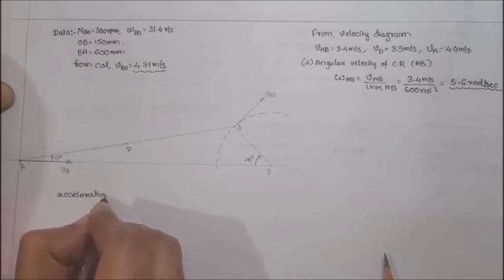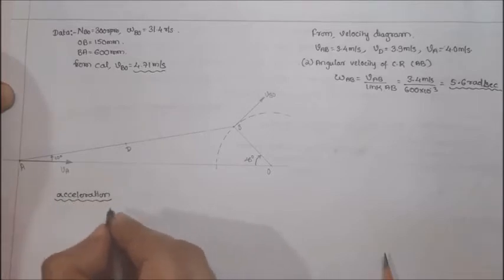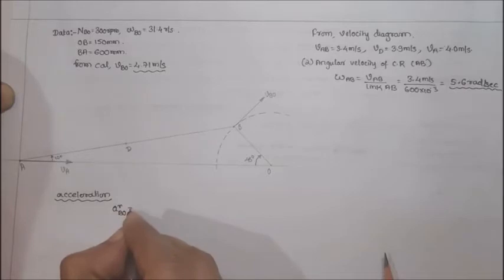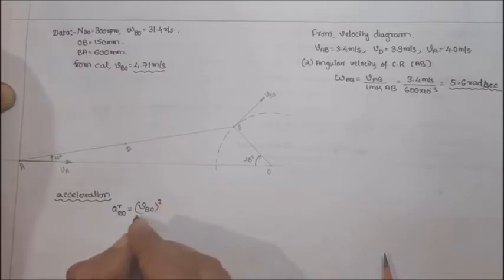For acceleration calculation, we have the radial acceleration of B with respect to O. So that is velocity of B with respect to O to the power 2 by link OB.